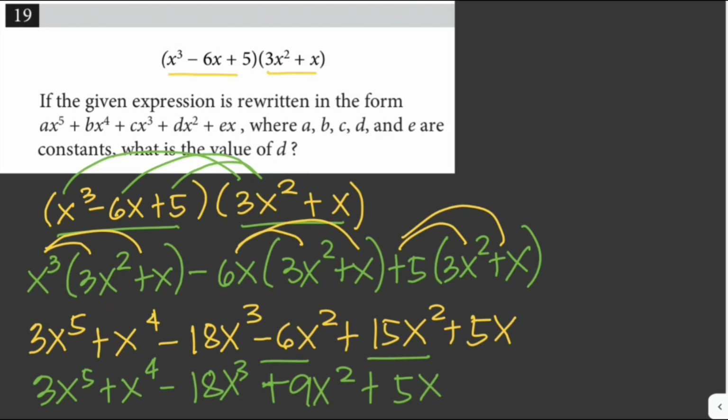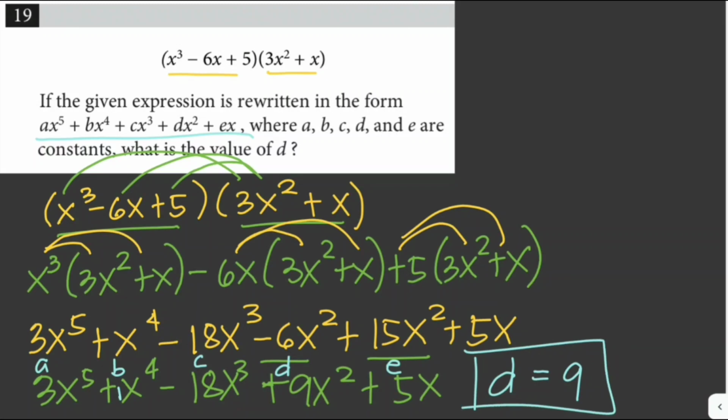So we now have an expression in this form. This is our a, this is our b, this is our c, this is our d, and this is our e. Therefore, the value of d here is equal to 9.